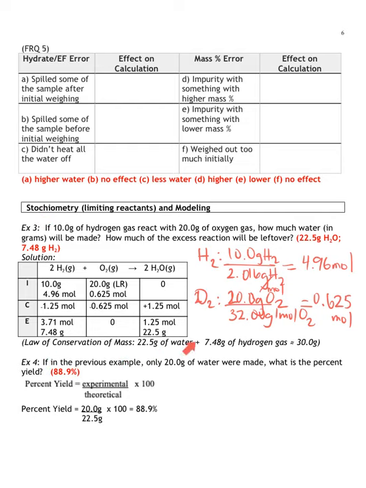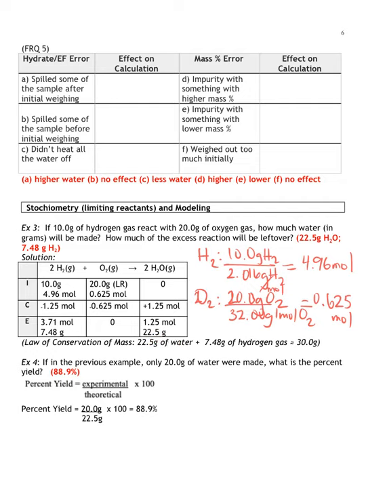So the mass of both the product and the excess gives you 30 when you add them together. And notice when you add the reactants, it's 30 as well. So mass is conserved. The mass that you started off with, you end up with as well. So the mass has to be equal in the reactants as well as the products in the end.